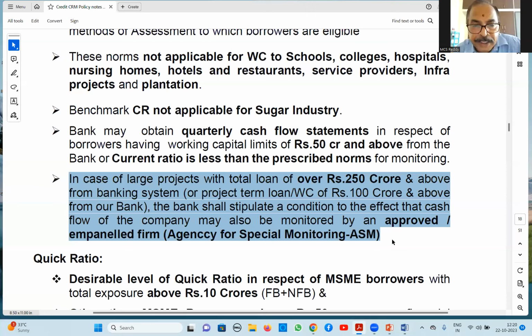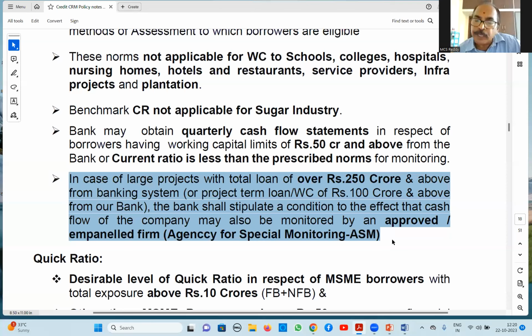It is called Agency for Special Monitoring. The cutoff point is over 250 crores from the banking system, not only an individual bank. 2-3 banks together may have given the 250 crores. Put together, if it is over 250 crores, compulsorily cash flows are to be monitored by an empaneled agency.